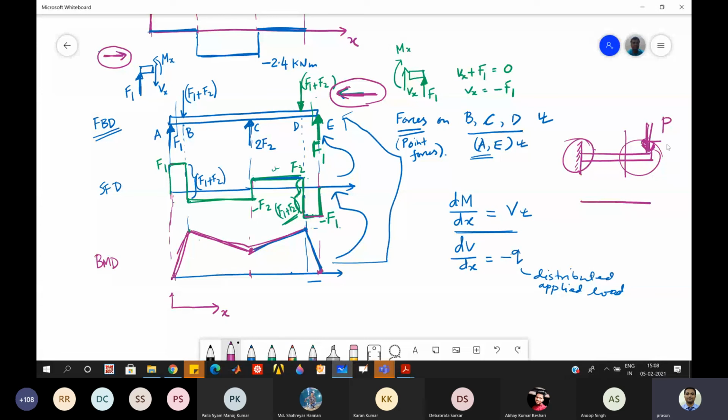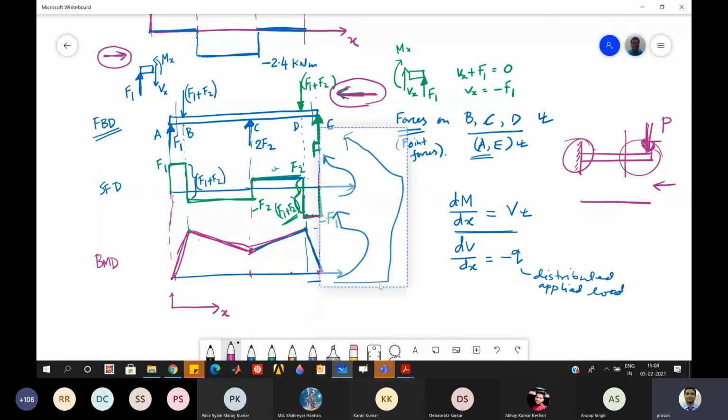So from this particular sense, I feel that going from this side it will be better. But technically both are fine if you understand the concept clearly. Okay, sir. So no issues.